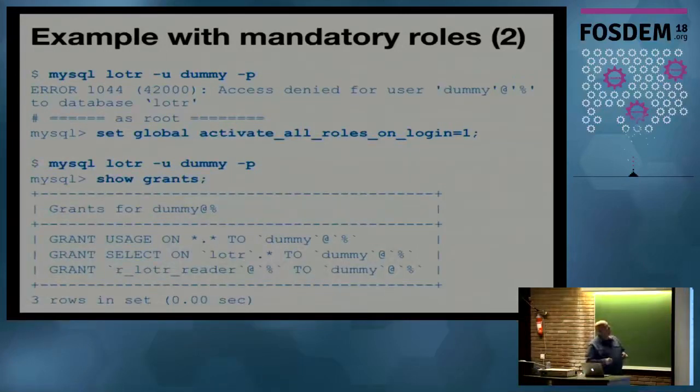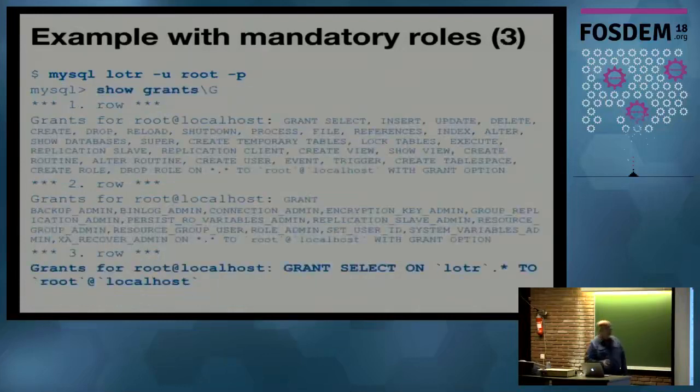But if I also say set global activate all roles on login equals 1, and then I try to connect again, then this dummy user, which didn't have any privileges at all, gets the mandatory role, and with this mandatory role it's able to use the Lord of the Rings database.